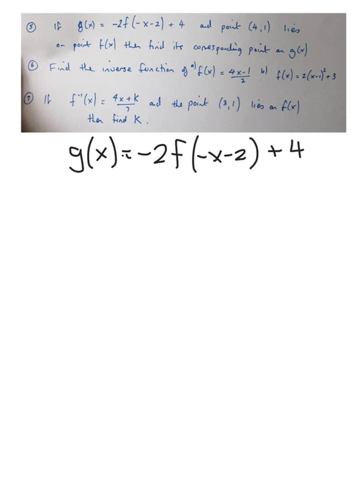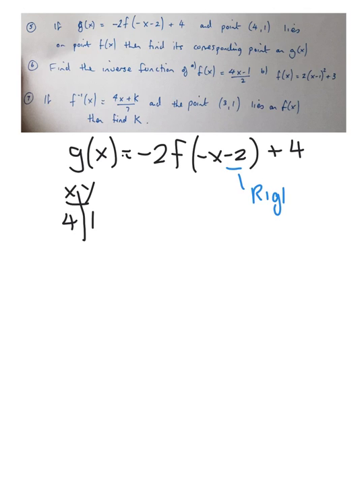Question 5, we've got g of x equals negative 2f bracket negative x minus 2, and then plus 4. And it gives us the point 4, 1 lies on f of x. Well, we know first of all, if we deal with the f's, we've got a shift of 2 to the right.